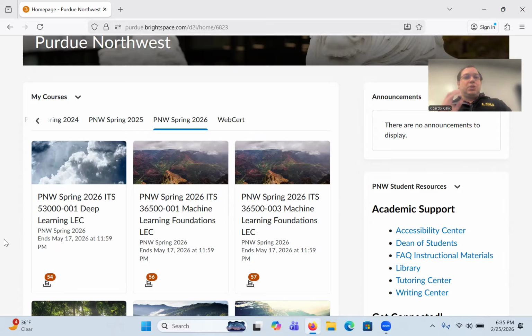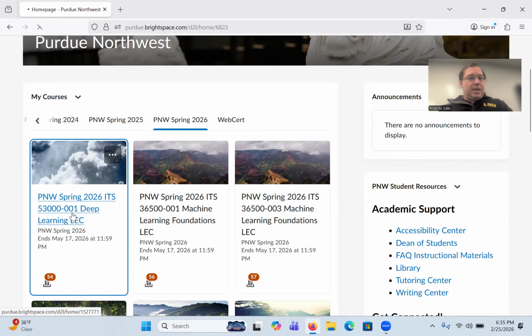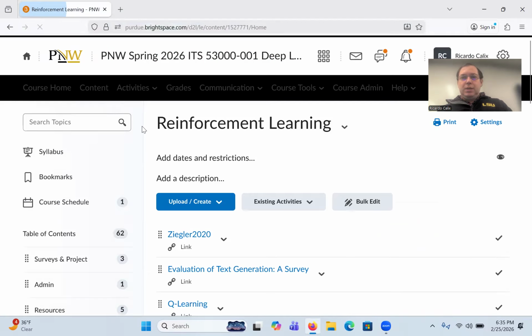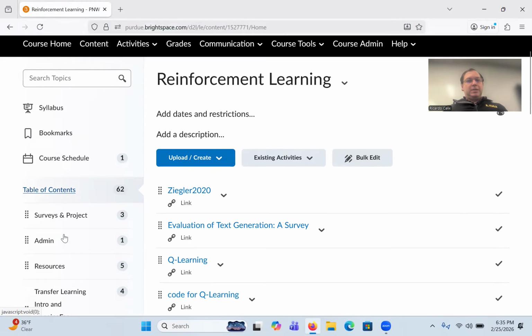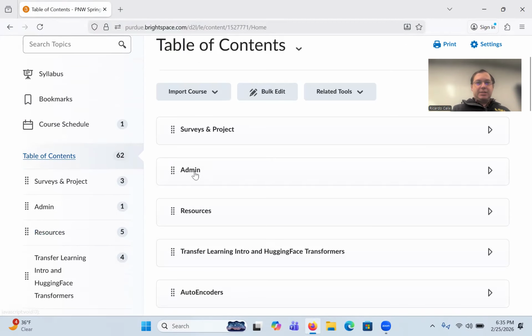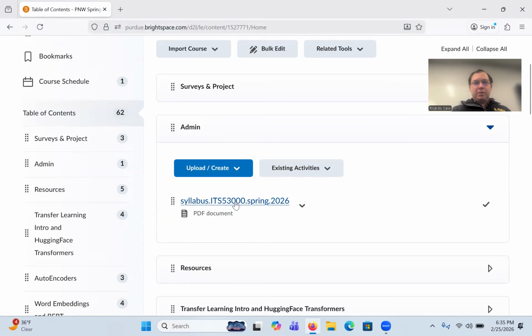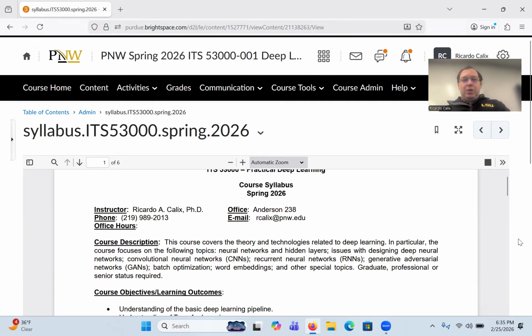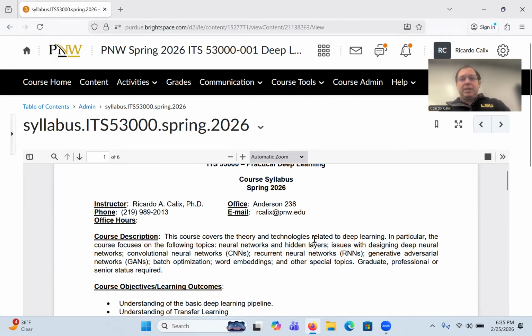All right, so let's take a look then briefly. Let's go back here to the table of contents. And let's actually look at the syllabus. I just want to go over the description of the syllabus a little bit. So we cover the theory and technologies related to deep learning. In particular, the course focuses on the following topics: neural networks and hidden layers.